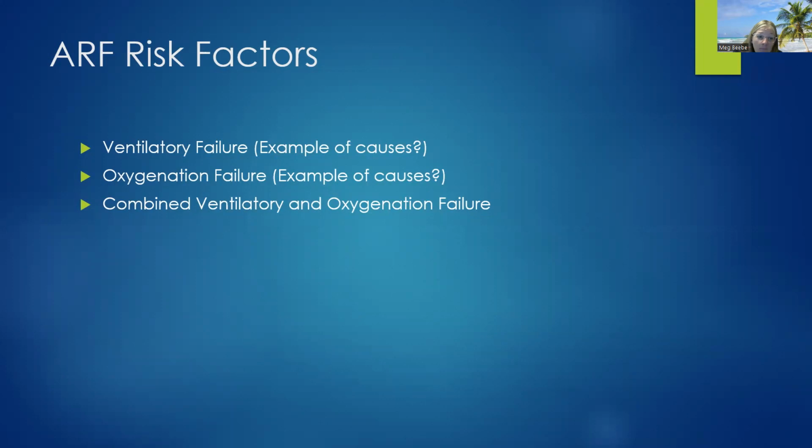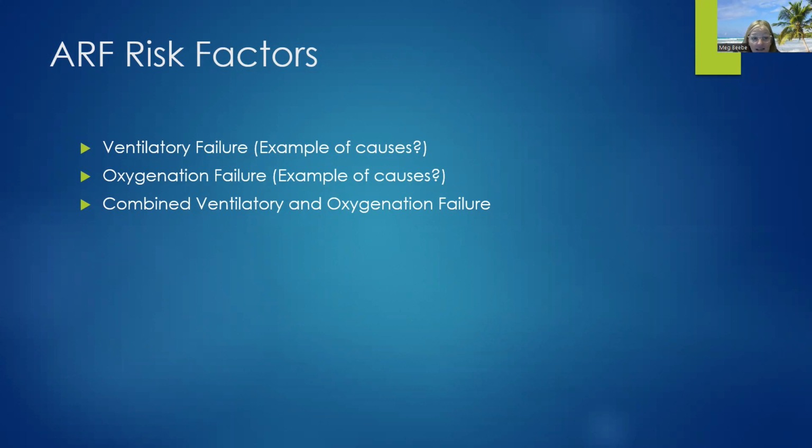For ventilatory failure, we can think of things like COPD, pulmonary embolism, pneumothorax, flail chest, acute respiratory distress syndrome or ARDS, asthma, pulmonary edema, fibrosis of the lungs, and different neuromuscular disorders such as Guillain-Barré, spinal cord injuries and CVAs with impaired rate and depth of respirations, and increased intracranial pressure, such as those found in head injuries or patients who have cerebral edema or hemorrhagic stroke. Those are all causes of ventilatory failure.